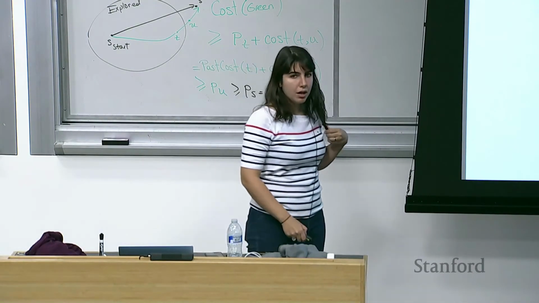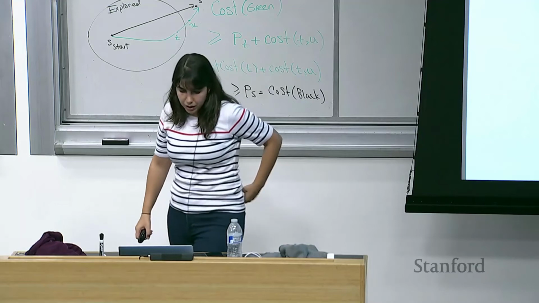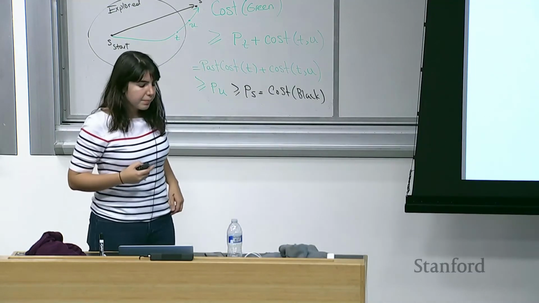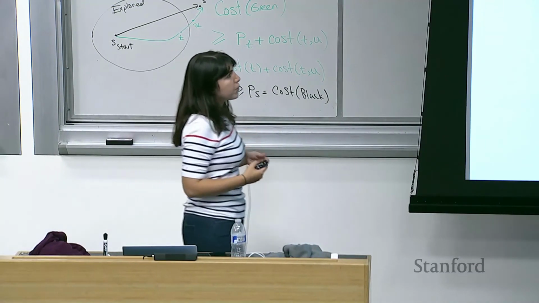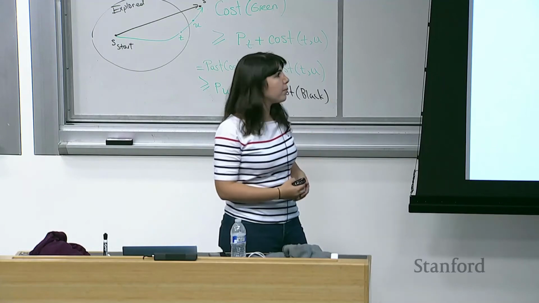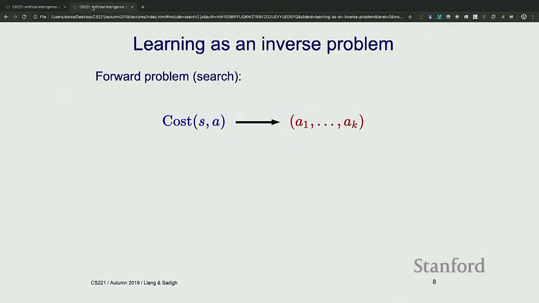Okay? All right. So if you think about it, the search problem we were trying to solve was the inference problem, when we were given a search formulation and a cost, and our goal was to find this optimal sequence of actions, the shortest path or the best path in some way. And this is a forward problem. So search is this forward problem where you're given a cost and you want to find this sequence of actions.